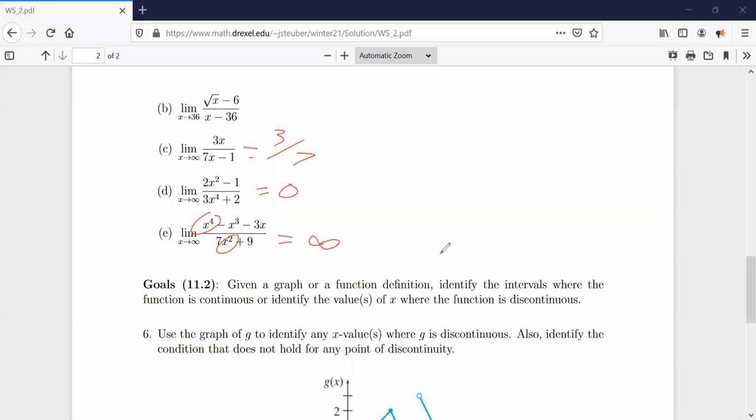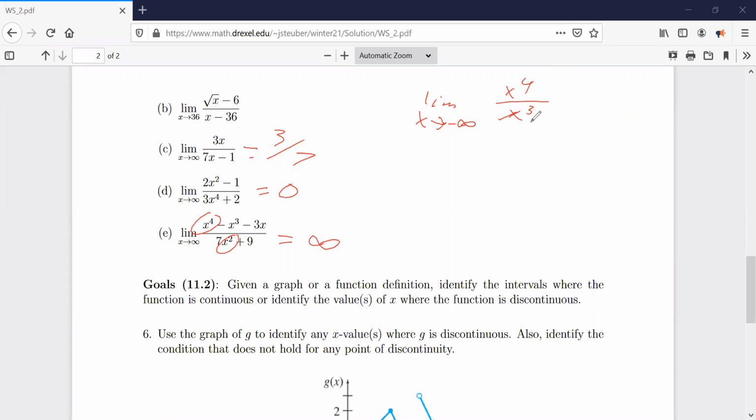Things can also get a little bit funky if I were to give you the limit as x approaches negative infinity of x to the 4th divided by x cubed. Here, when we're going off to negative infinity, the top's going to grow much faster than the bottom, but I still need to ask myself whether the top and the bottom are going to be positive or negative.